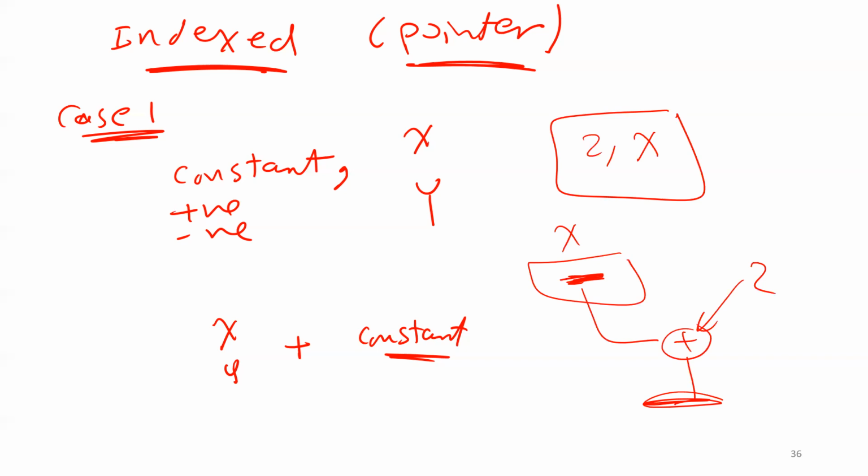If you see something like number, comma X or comma Y, that means my operand is memory. If I want to write to this location, I'm going to write to this address. If I want to read from this location, I'm going to read from this address. Which address? Whatever is in X plus number 2. This is your address. Is that okay?